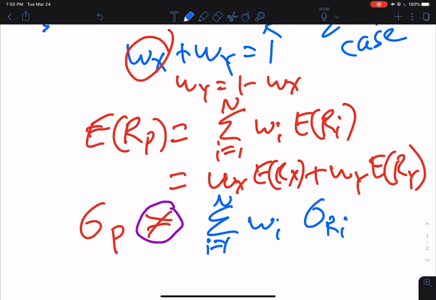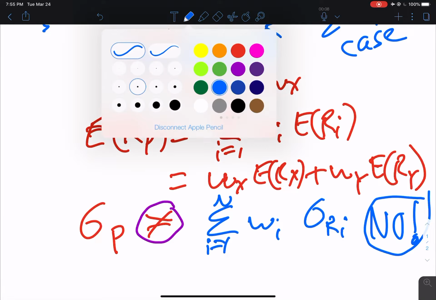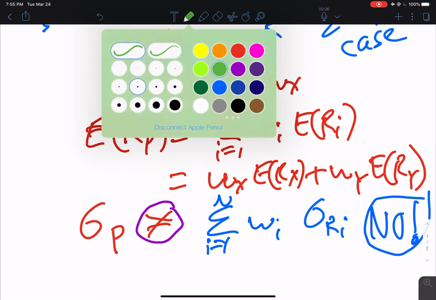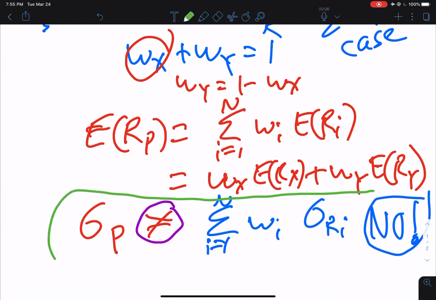Does not equal, exclamation point. Make sure you actually understand that. As a matter of fact, it's so important it's going to get its own border. Very important, does not equal.